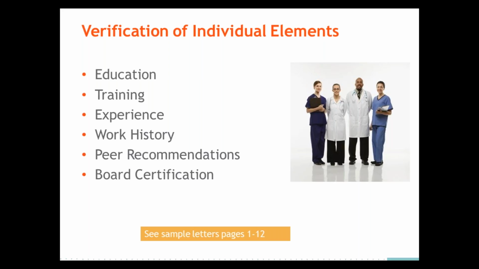Some organizations will verify work history and hospital affiliations going back to the time that they completed their training program. Other facilities may go back just 5 years or 10 years. They will collect all the information, but they may only verify going back 5 or 10 years. It's up to the organization and their medical staff to determine what they feel is relevant.